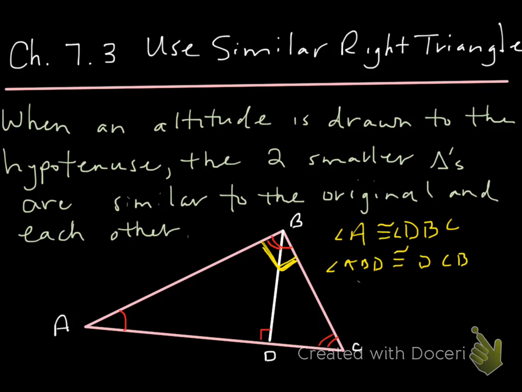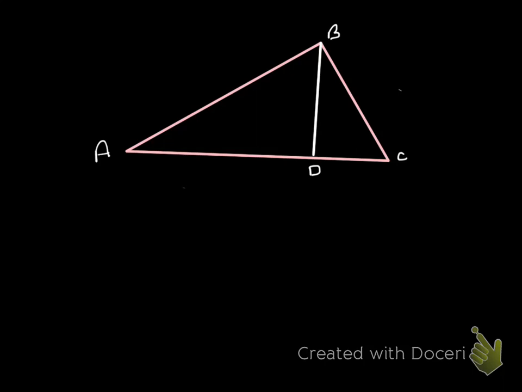All right, so let's take a closer look at this. To me, the easiest way to do this is to break this up into three separate triangles. I'm going to make them smaller for space purposes. You're going to have a triangle right here that is ABD, and again, it's not drawn perfectly, but that's your right angle.